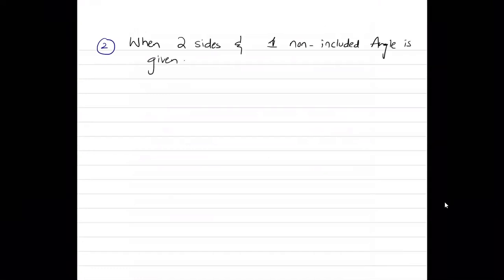When two sides and a non-inclusive angle is given, meaning ABC triangle, two sides, let's say you are given this side, you're given this side, two sides, but you're given this angle. Okay, so two sides and a non-inclusive angle is given. Now that is the second situation.